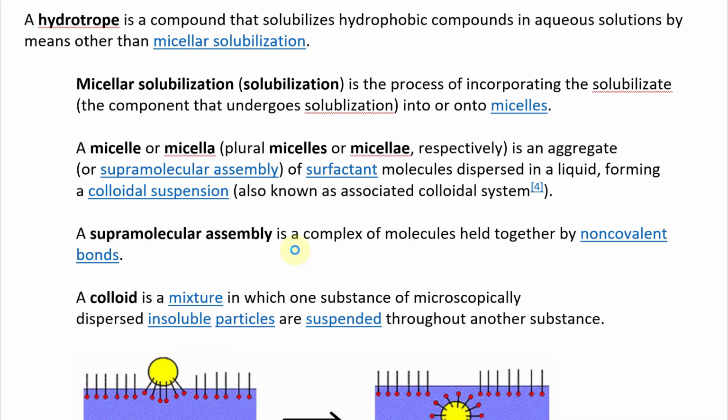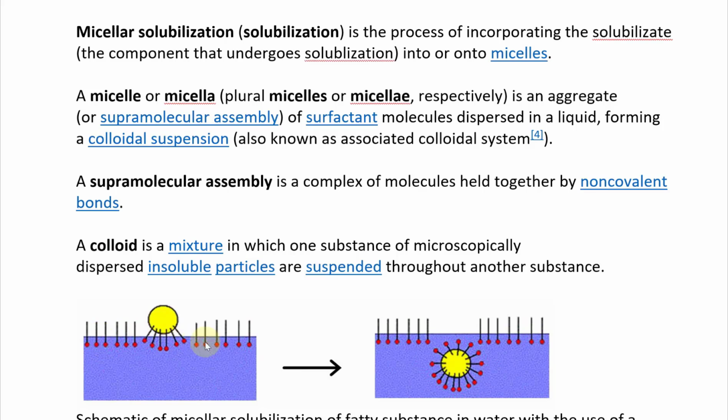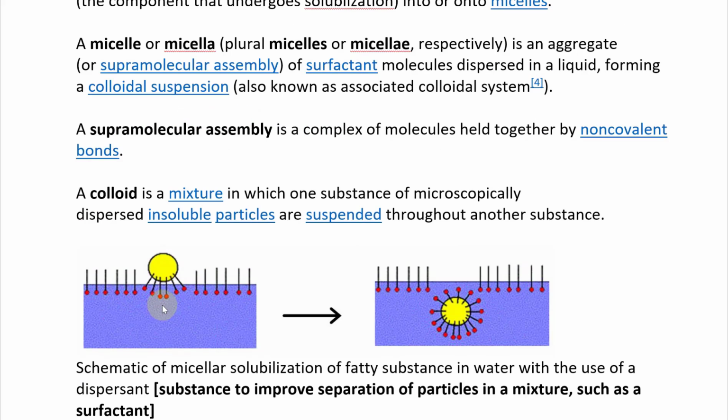And a supramolecular assembly is a complex of molecules held together by non-covalent bonds, such as these right here. So you have a bunch of surfactant materials here that lower the surface tension, and when you put a substance that doesn't like water, this is hydrophobic, it's a hydrophobic or insoluble material in this liquid, and then these all just form around it.